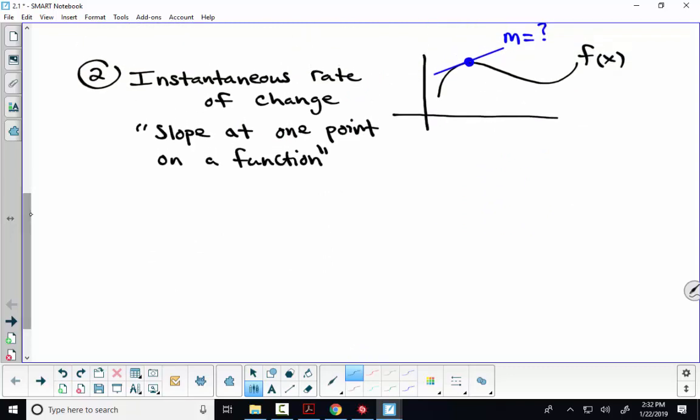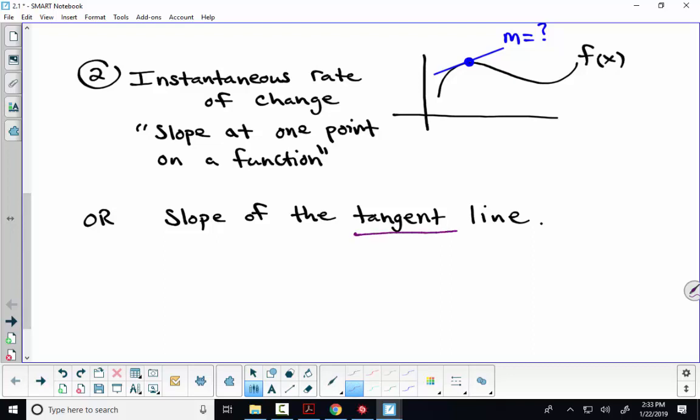The mathematical interpretation is the slope of a tangent line. Again, tangent in that context is not the tangent trig function.